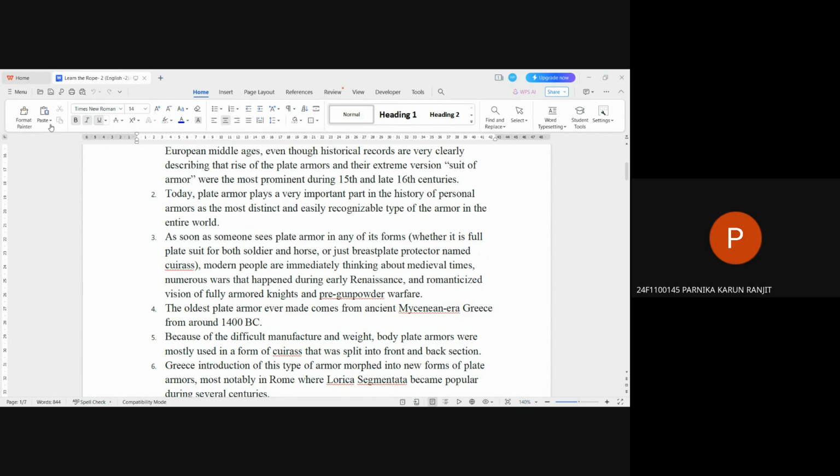Okay, the question is whether "whether" can be used as an adverb. No. It is a conjunction, you're right. You don't use it as an adverb.